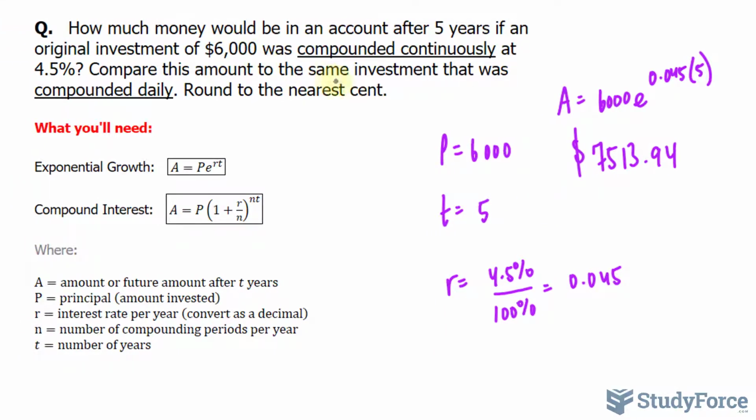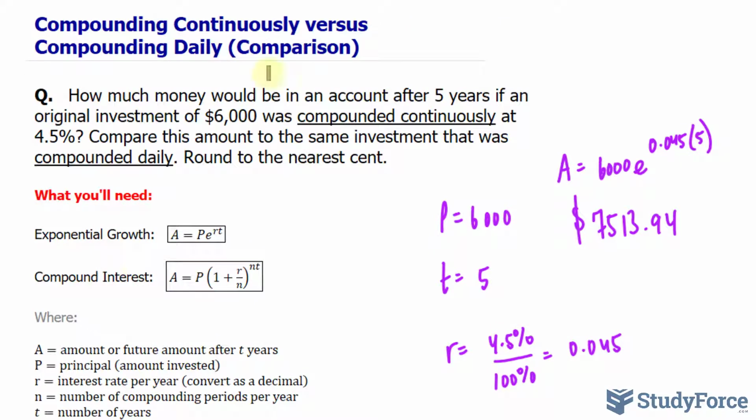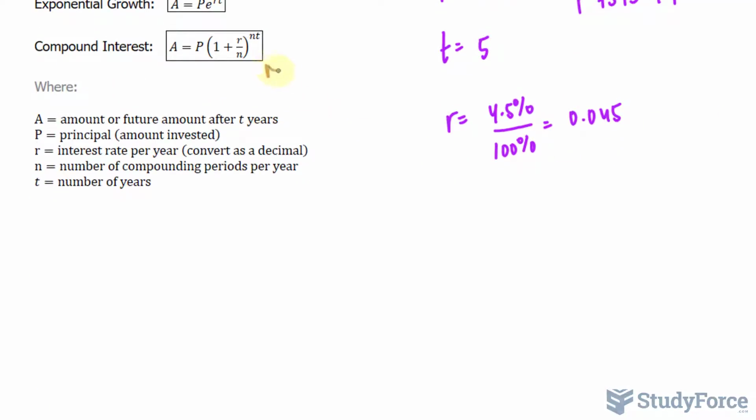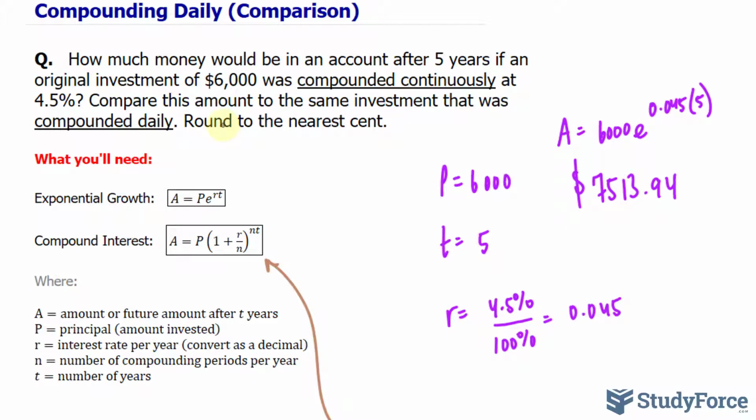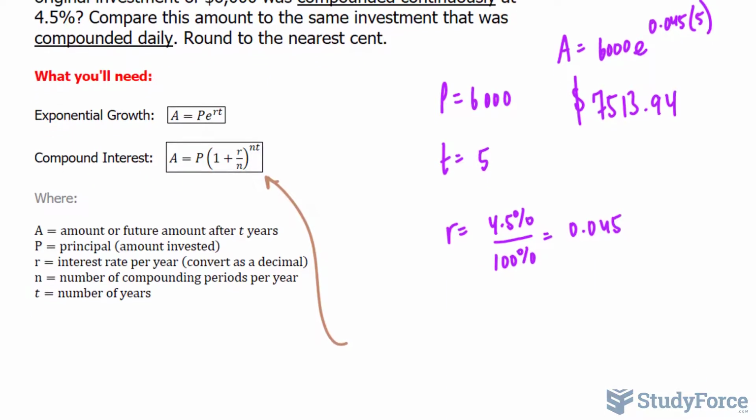What if we want to do it compounding it daily? For that, we will use the compound interest formula. And the compound interest formula is right here. It has one other variable that's not found in the other formula, which is n, and represents the number of compounding periods. Obviously, we're talking about days here, daily, so n would be 365.